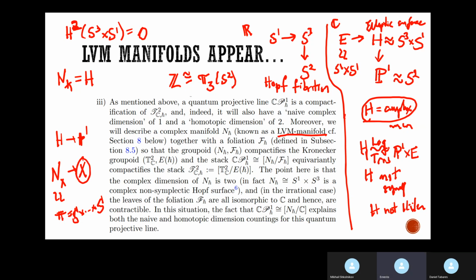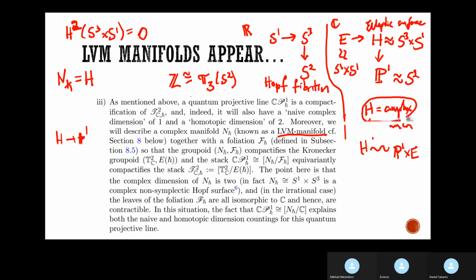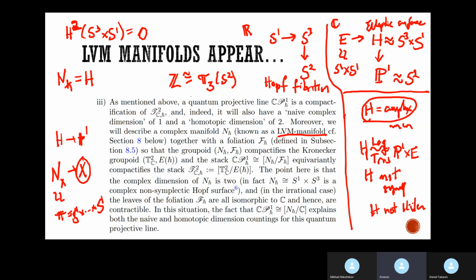But in the case of P1, it is the famous Hopf surface and is the complex version of the Hopf fibration. But every toric variety has its complex version of its Hopf fibration. And this complex version of its Hopf fibration is important.